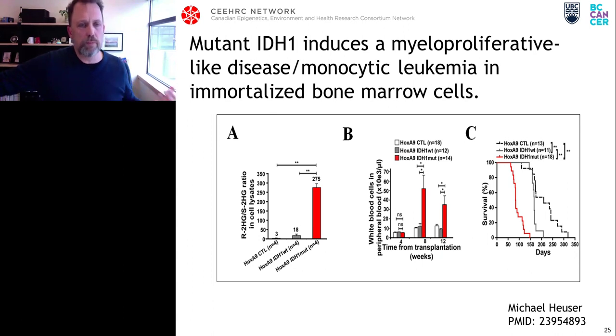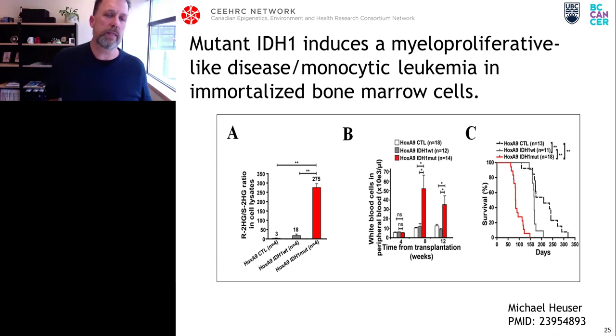Then we add to these immortalized cells either wild-type IDH, or a gain-of-function mutation, indicated here as IDH mut. On the left-hand panel, panel A, we can show that when we add the HOXA9 IDH mutation, we indeed see production of 2-hydroxyglutarate. Again, this is the oncometabolite that inhibits TET2.